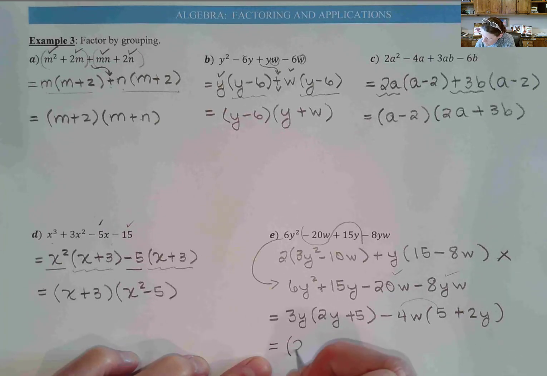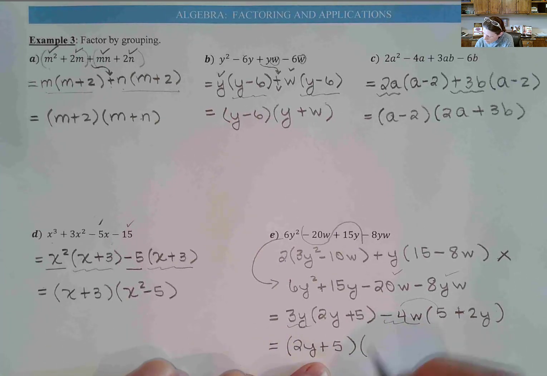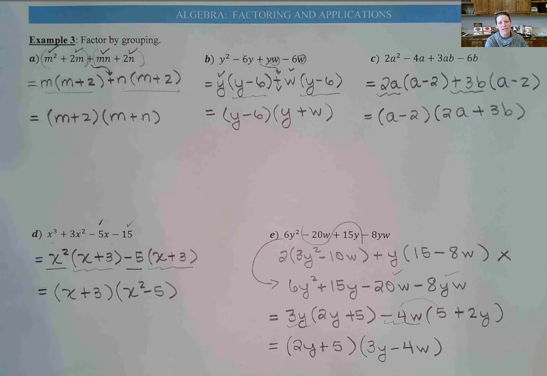We're going to factor 2y plus 5 to the front, okay, times 3y minus 4w. Again, remember that we can check these via multiplication. So there we've looked at greatest common factors, factoring out a greatest common factor, and factoring by grouping.